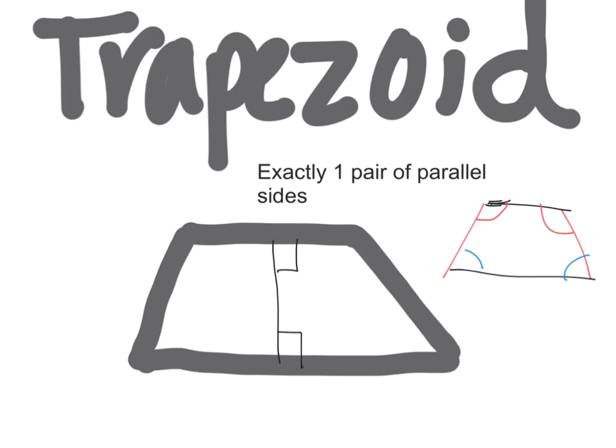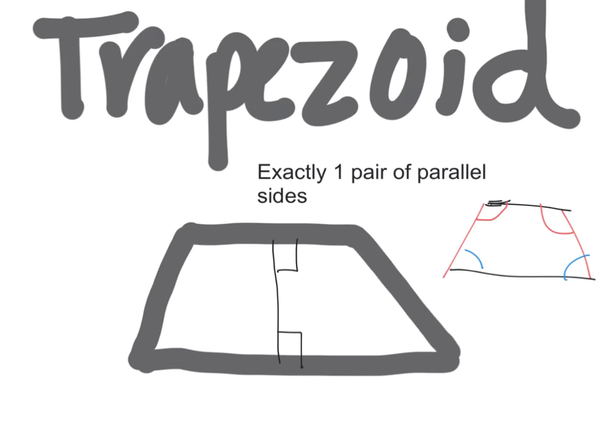A trapezoid obviously is not a square, not a rectangle, but it is a quadrilateral because it does have four sides. So with the trapezoid, just know that they look kind of funny, but basically all that a trapezoid means is that there's exactly one pair of parallel sides, as you can see here.